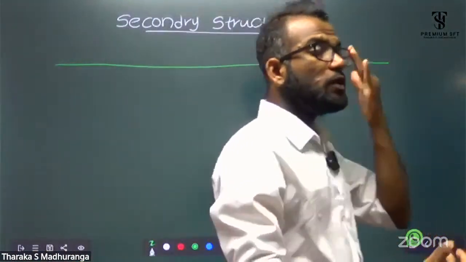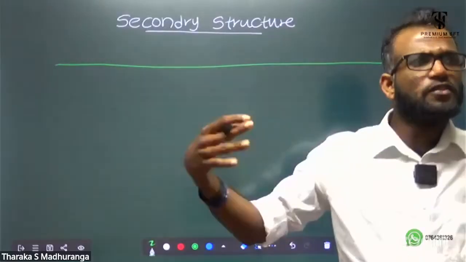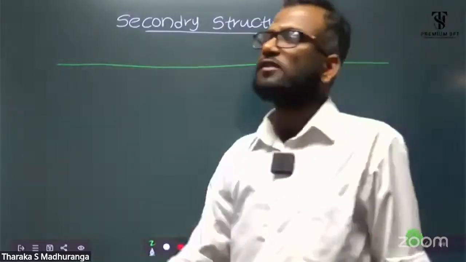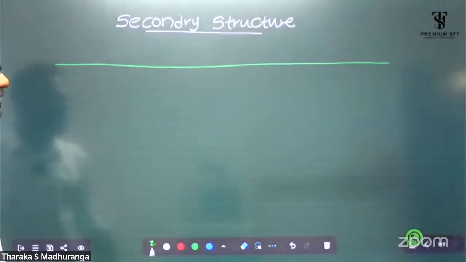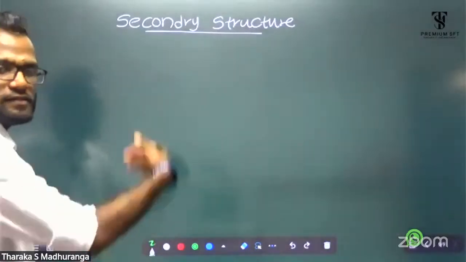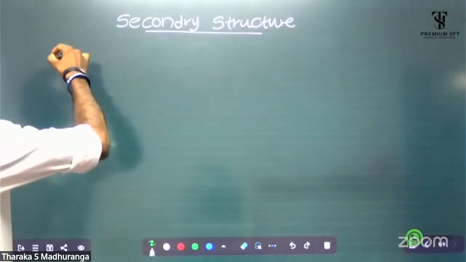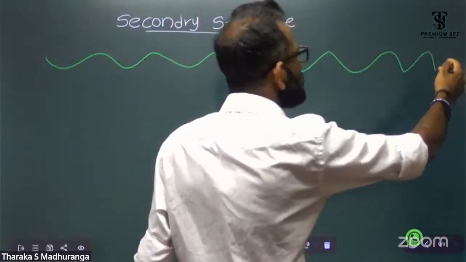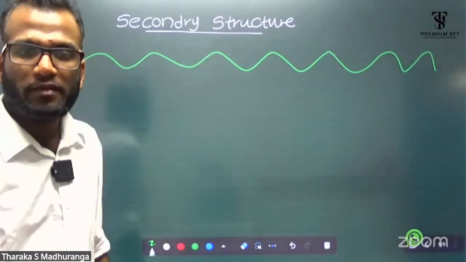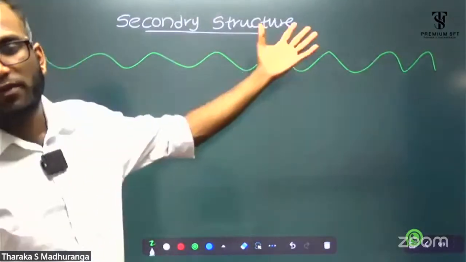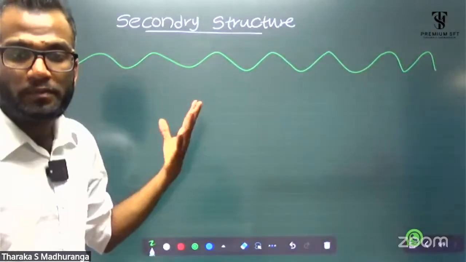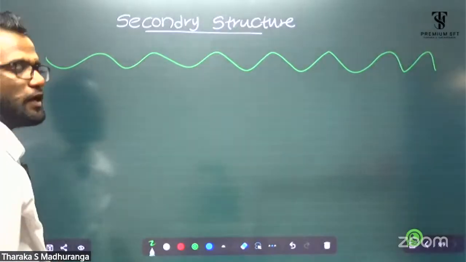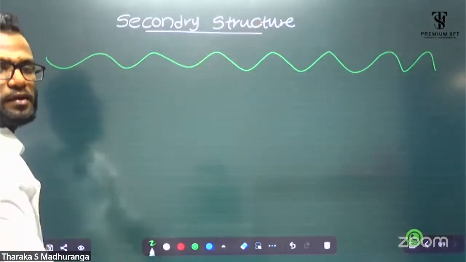Now when the length of polypeptide chains increases, what happens? They convert into a helix structure. The reason is the increase in length of the polypeptide chain. The polypeptide chain is now very long, therefore the shape of the polypeptide chain converts into a helix chain.